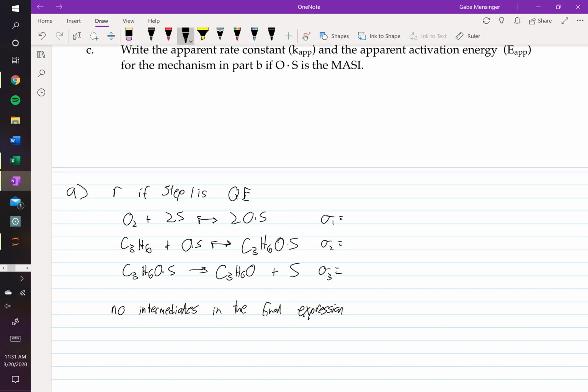And similarly, with a catalyzed reaction, there should be no catalyst in the final reaction. That's because the catalyst is assisting with the speed and activation energy of the reaction, but it's not actually reacting itself, so it should not show up in the final reaction.